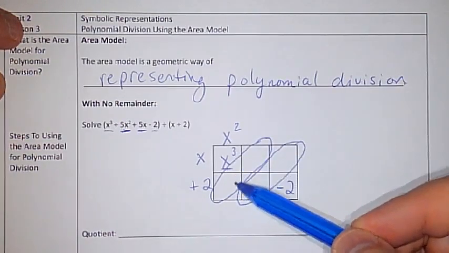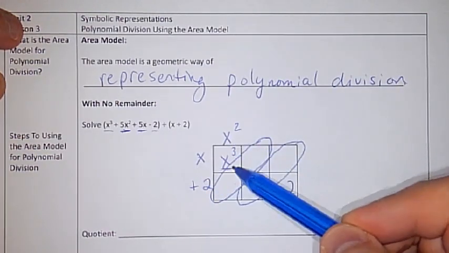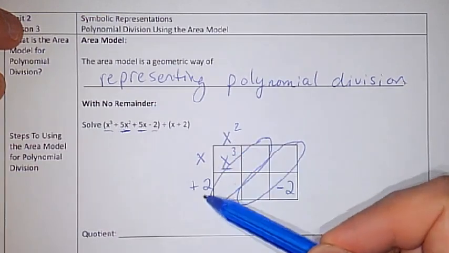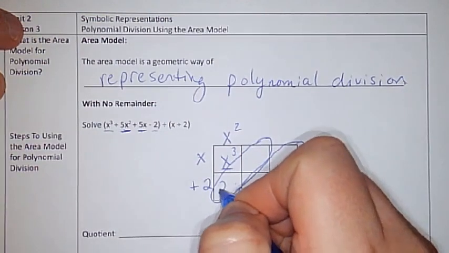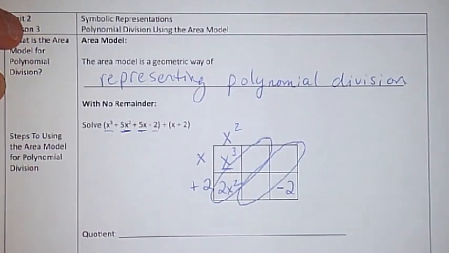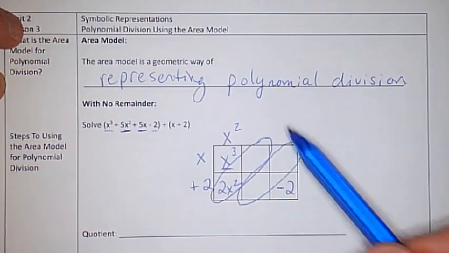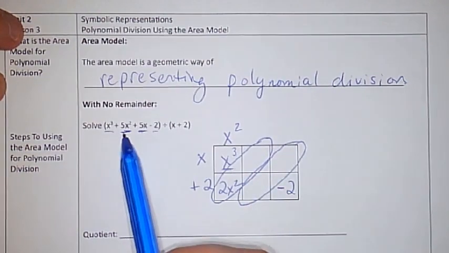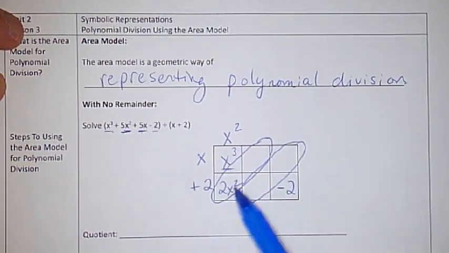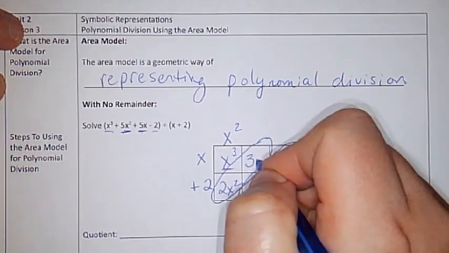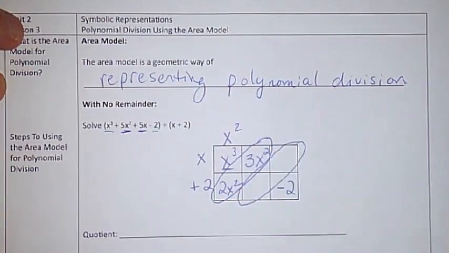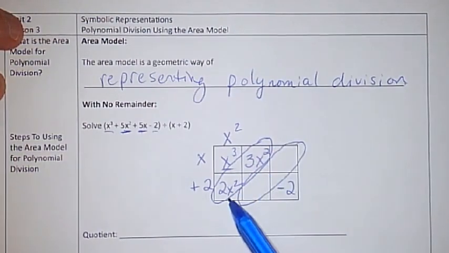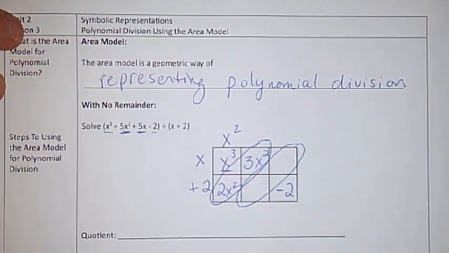Knowing that this is just multiplication, x squared times x gives me x cubed, x squared times 2 gives me 2x squared. As I said, the terms along this diagonal are going to add up to 5x squared, so if this is 2x squared, this other box must be 3x squared, because 3x squared plus 2x squared is 5x squared.